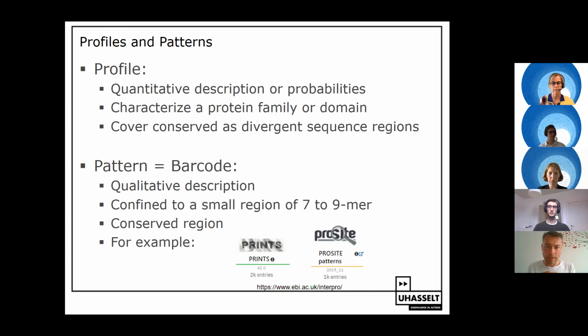And well, in computational biology, we know such pattern databases. For example, we know PROSITE patterns, or we know the PRINTS database. And these are very valuable patterns. But unfortunately, if you look a little bit closer at these two images I copied from the InterPro data repository, you see there are only a few thousand patterns available.